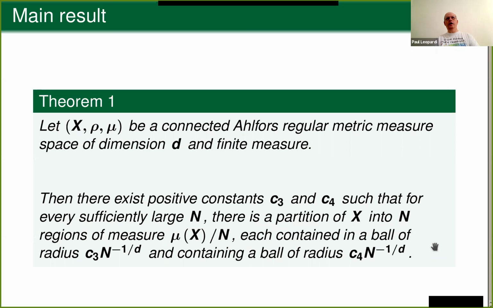We start with a connected Ahlfors regular metric measure space of dimension d and finite measure, and then we can establish that there are positive constants such that for sufficiently large n, there's a partition of that space into n regions of equal measure contained in a large ball and containing a small ball. And those balls have the correct order of size, of radius that you would expect for that dimension.